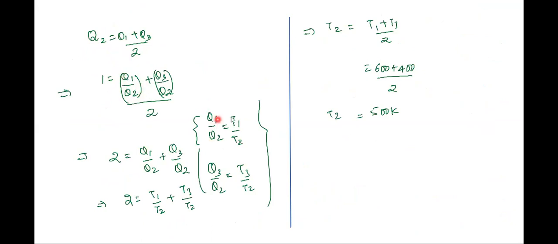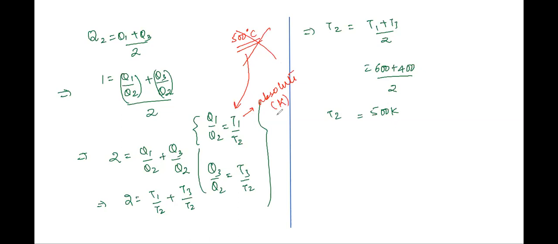So ratio of heat is equal to ratio of absolute temperatures, right? Class, please mark. Sometimes in order to confuse you, they might give you 500 degrees Celsius. Please do not end up substituting this. This is the ratio of absolute temperatures. Absolute temperatures means we have to convert temperature into Kelvin and then substitute in this formula.